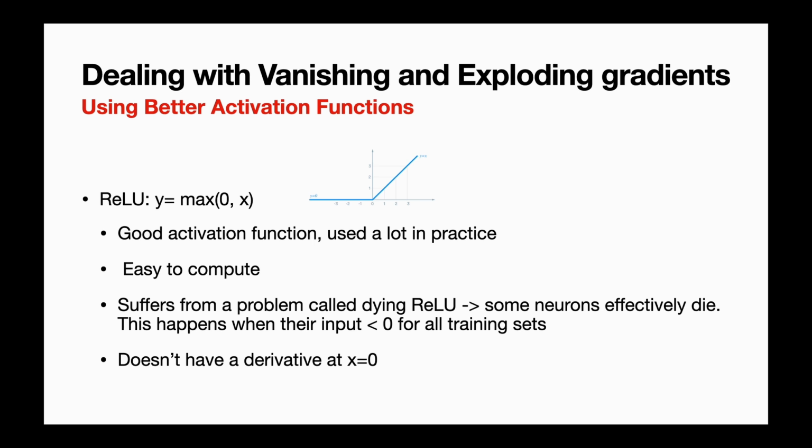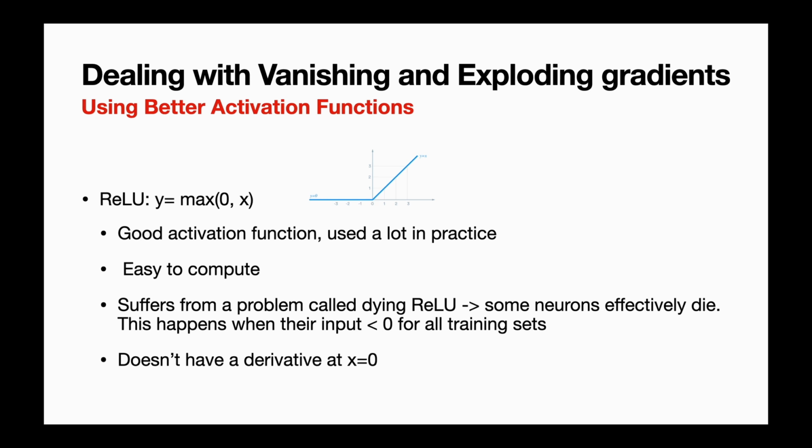So for example, if x is 5, the output is 5. If x is negative 5, the output is 0. As you all know, the gradient of it is 0 when x is negative, because that's a horizontal line, and after that it's 1, because it has a 45 degree angle with the x or y axis.